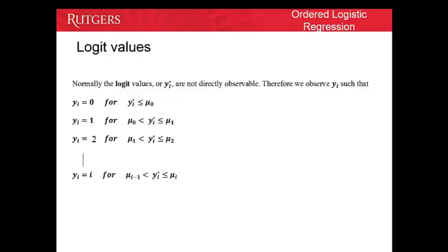And it would take the value of 1 if the logit value is between mu0 and mu1, and so on, until we reach the last one, which would take the value of I when the logit value lies between mu I minus 1 and mu I. We will talk about this a little bit later on, when we give the example of the ordered logistic regression application in the auditing field. We will be seeing a numerical example.